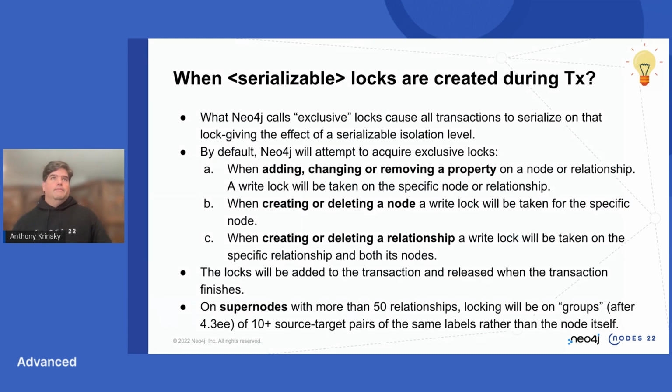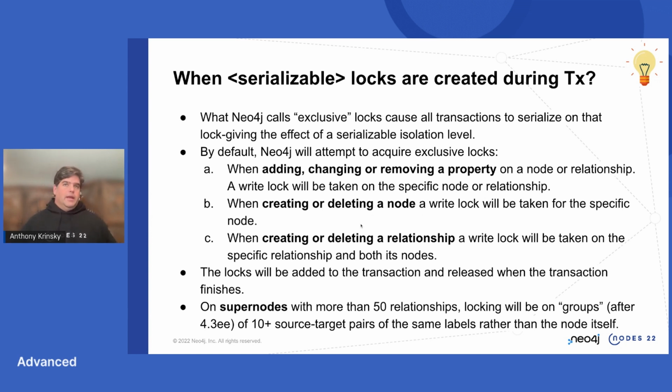So I sort of rushed over the idea that we create locks implicitly. What does that mean? There are certain types of operations where we have enough information to create exclusive locks for sure, and we do. When you're adding or removing a property on a node or relationship, we will exclusively lock that node or relationship.